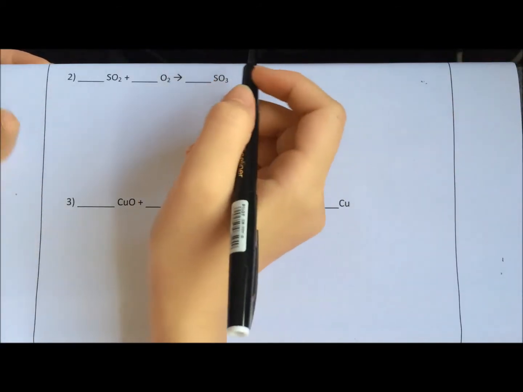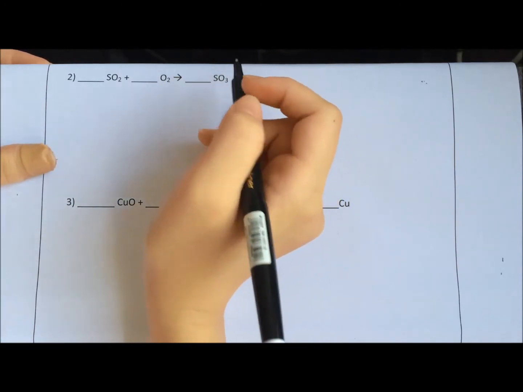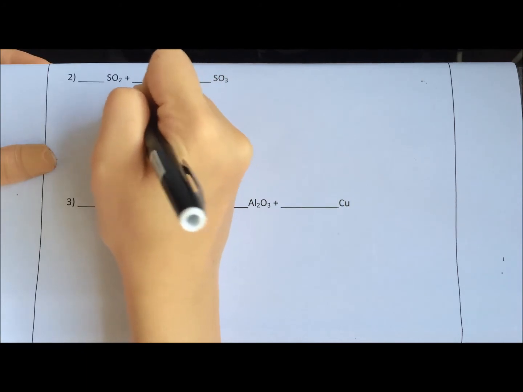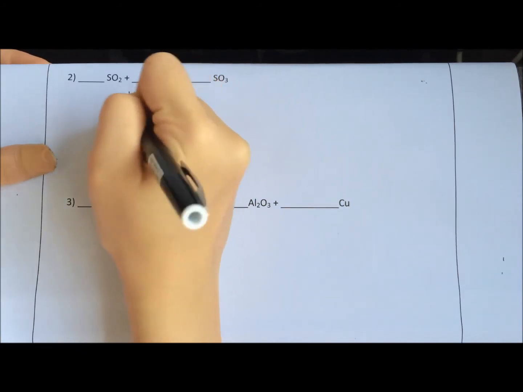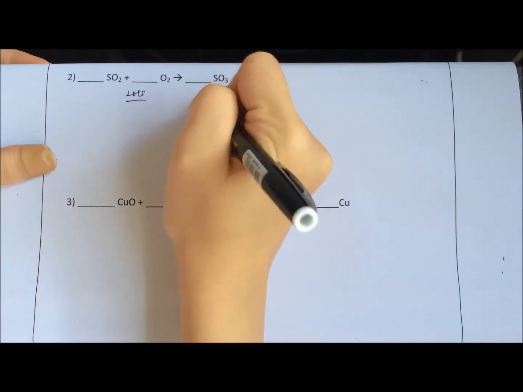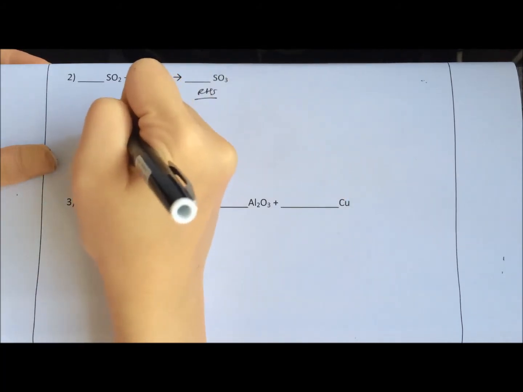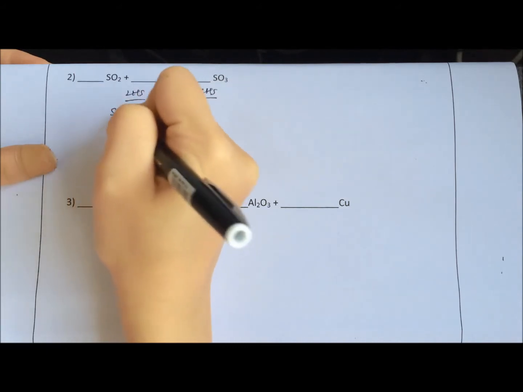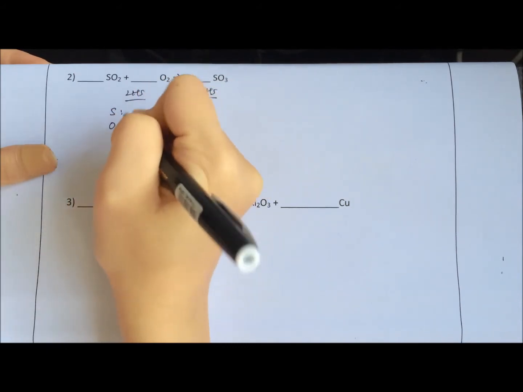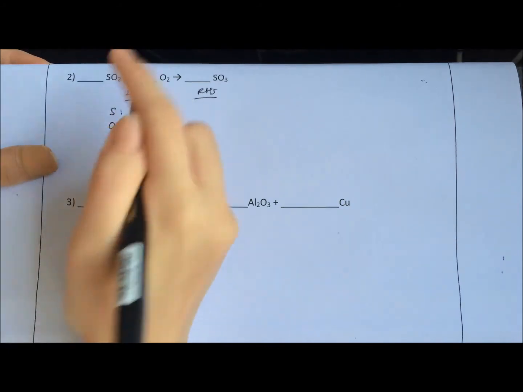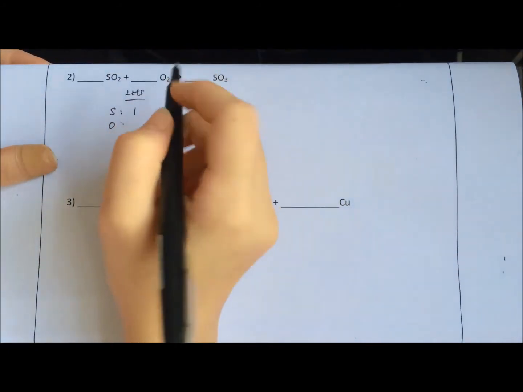Okay, so we have sulfur plus oxygen, this equation with sulfur and oxygen. So we write down left hand side and right hand side. And our elements are sulfur and oxygen. So we just need to do a count. So we have S 1.